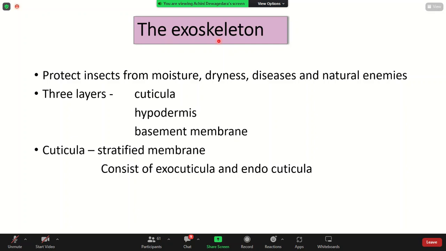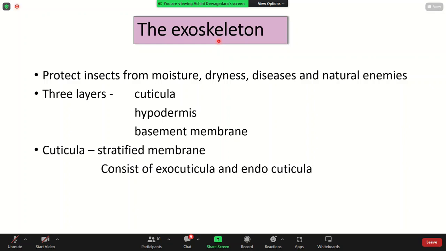So, generally, in many animals, the bones are available inside the body. But in the case of insects, the skeleton is present as an external structure. Right? That is called the exoskeleton.